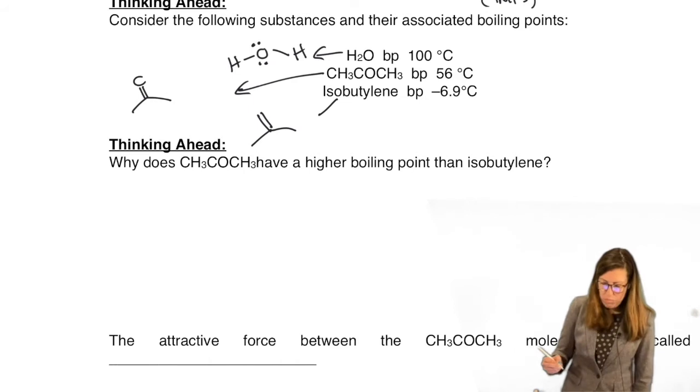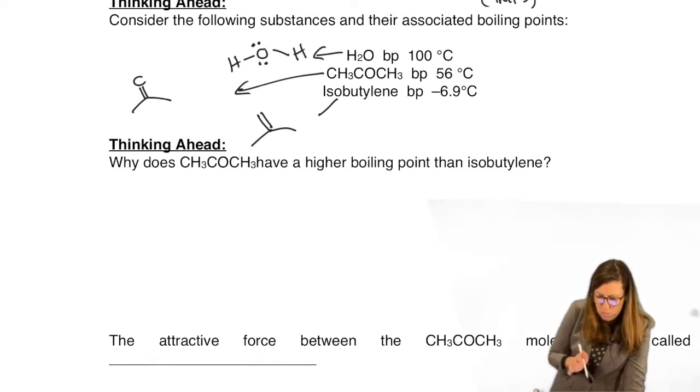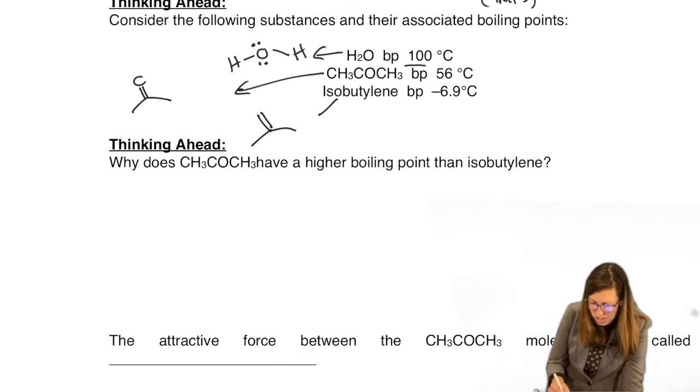You don't have to name that, but it looks like acetone without the oxygen, which is what it is. It has a CH2 instead. Now look at these differences in boiling point. They're all pretty small molecules, but look at the difference. Water has the highest. Acetone, if you've ever used acetone, you can smell it for a reason. It's very volatile. It evaporates quickly. Isobutylene, much lower boiling point, negative 6.9 degrees.